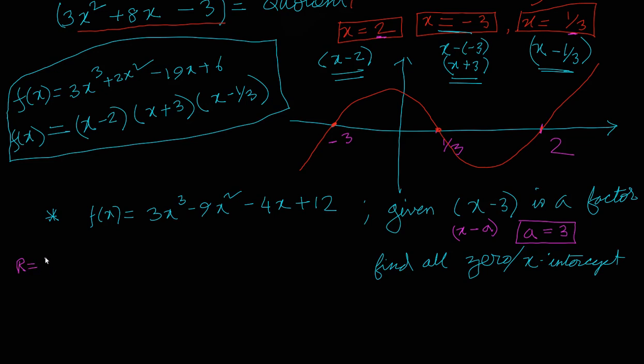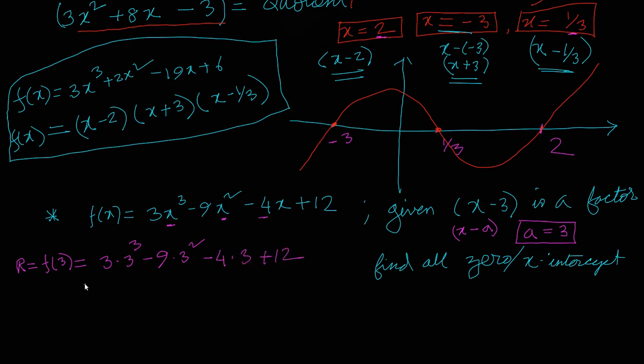The remainder is the function of 3. So what is the function of 3? Instead of x cube I write 3 cube minus 9, and instead of x square I write 3 square, minus 4, and instead of x I write 3, plus 12.